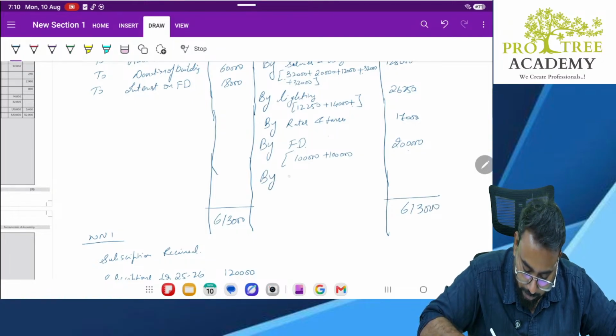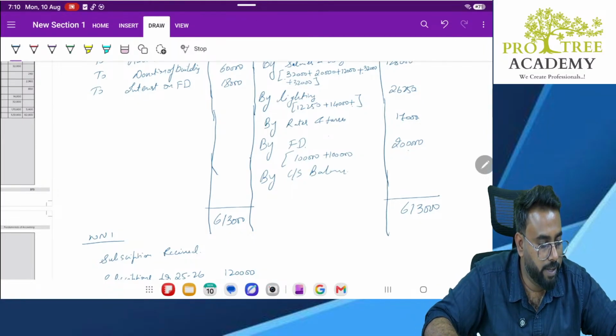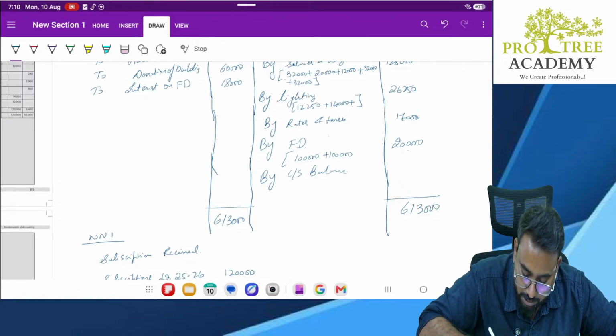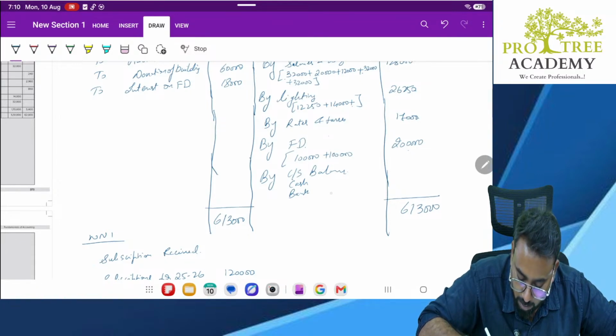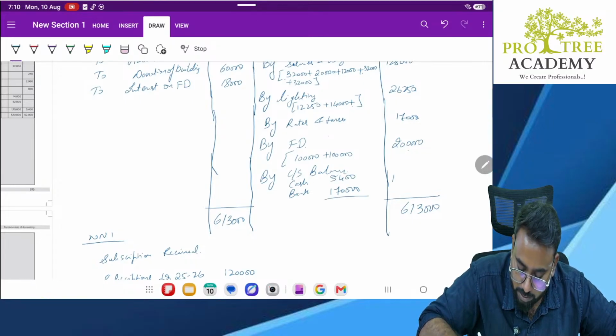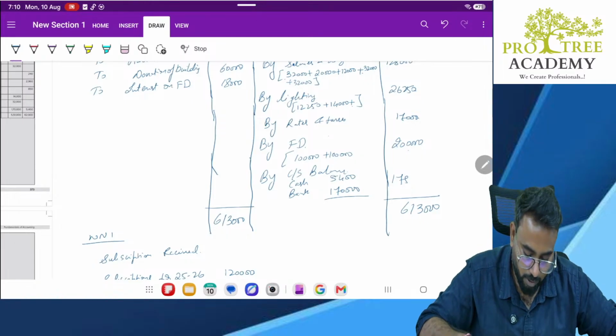So by closing balance, they have given already 1,70,000 cash, bank, cash and bank. They have only given, correct or no? So bank will be 1,70,000, cash will be 5,400. Total 1,75,400. Clear? Any doubts in this?